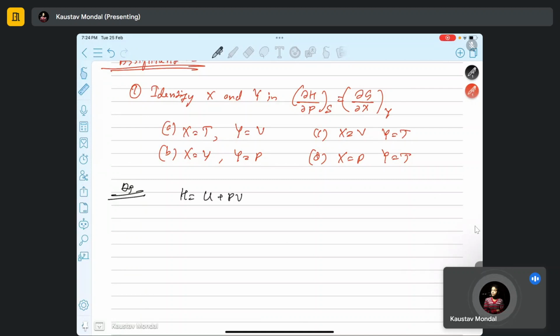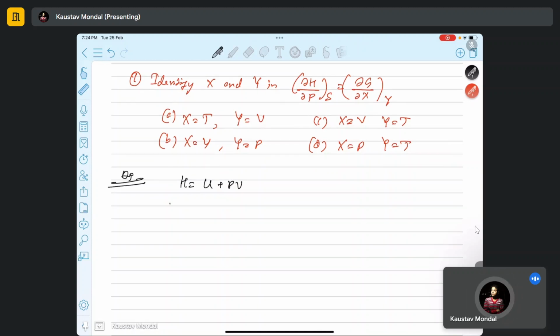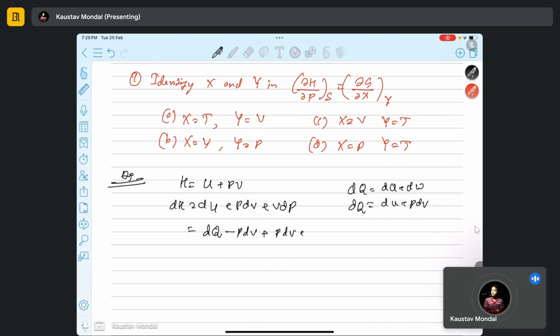But here we write it in the differential form. So dH is equal to dU plus PdV plus VdP. Now, we already know dq equal to dU plus dw, that means dU plus PdV. Now dU will be dq minus PdV, plus VdP, dH.